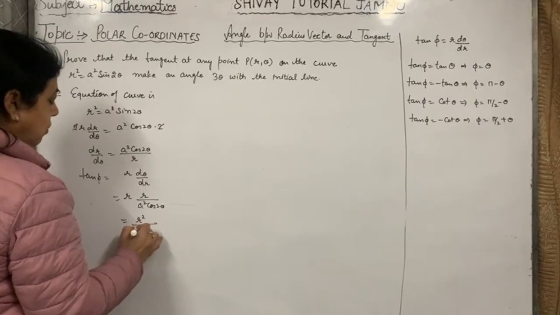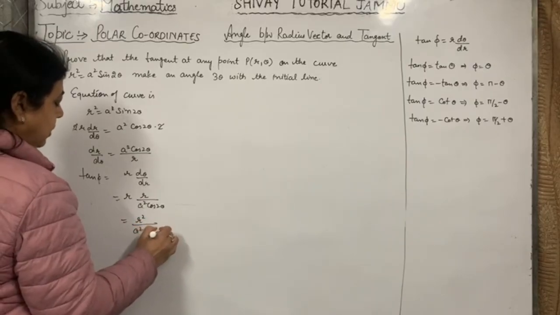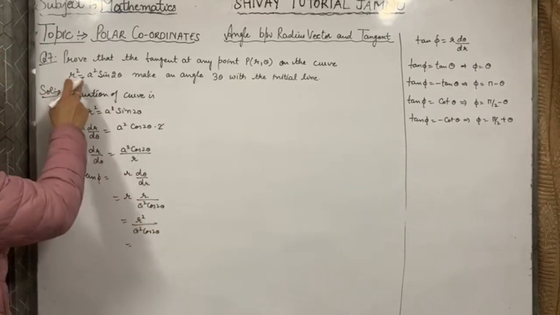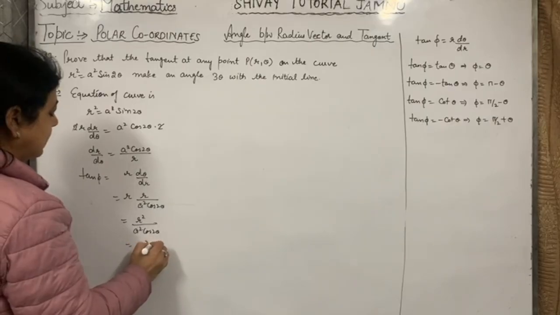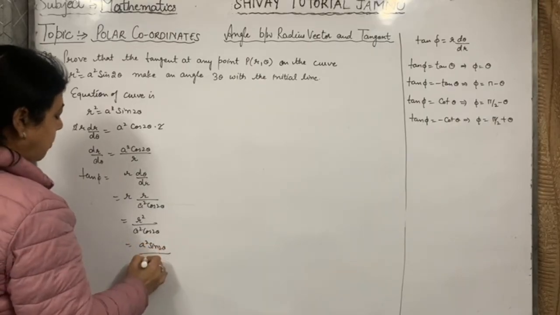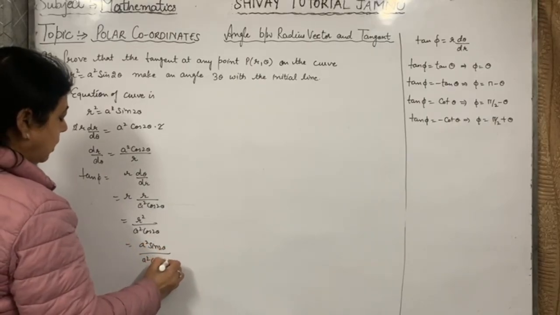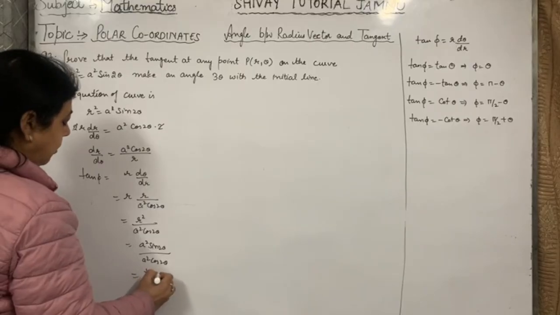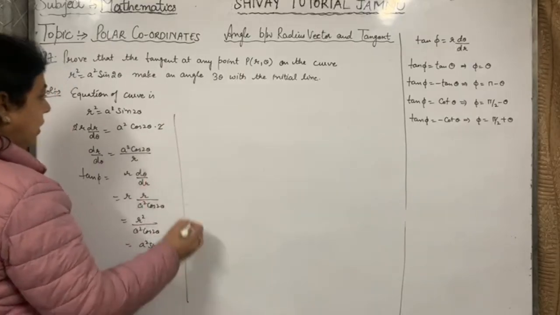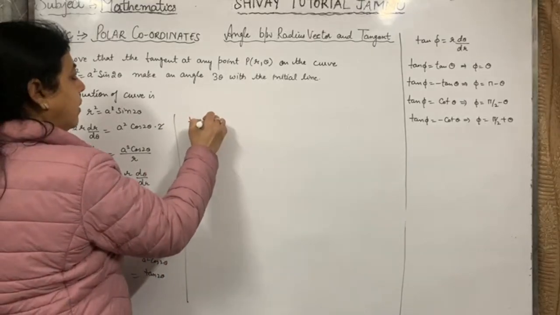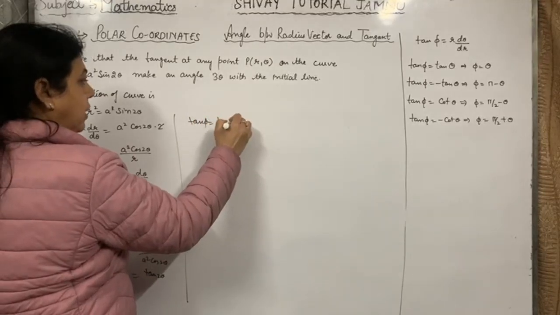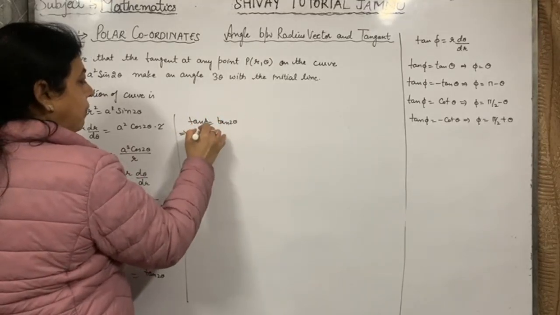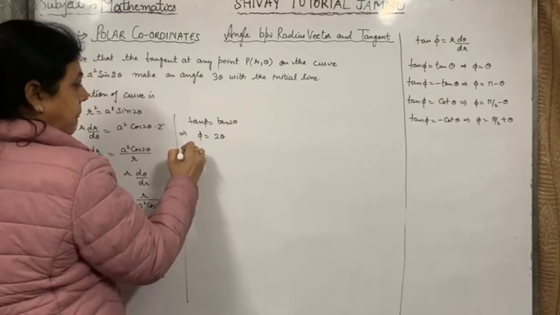This is r square upon a square cos 2 theta. What is r square? That is a square sin 2 theta. So a square sin 2 theta upon a square cos 2 theta. This will be tan 2 theta. Therefore, tan phi is equal to tan 2 theta and phi is equal to 2 theta.